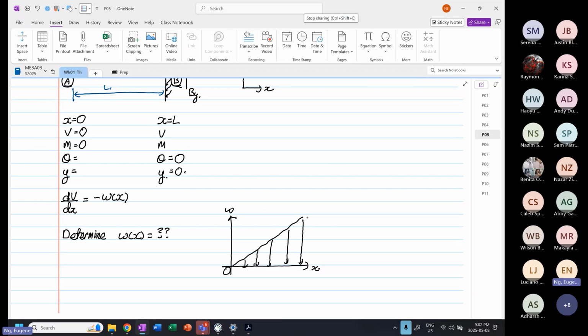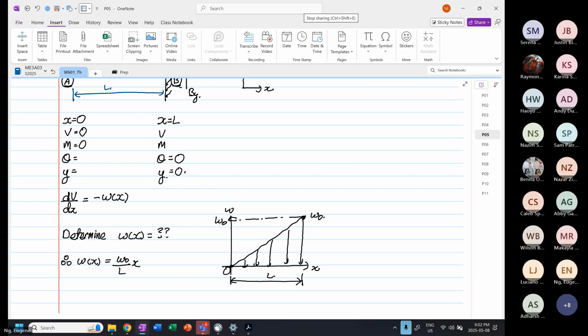At this point, this is equal to omega naught, and it spreads over a specific distance, and this is L. So therefore, omega as a function of x is equal to omega naught over L, multiplied by x. The y-intercept is equal to 0, so that's your equation.